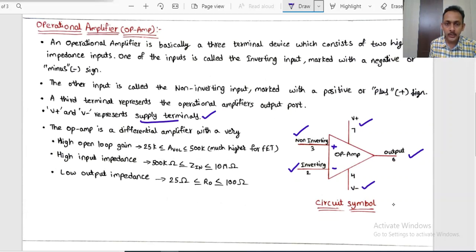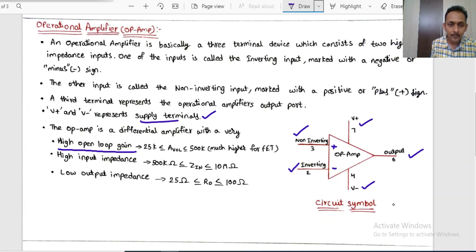Now coming to its open loop gain, the op amp is going to have very high open loop gain, in the order of 25 thousand up to 500,000.